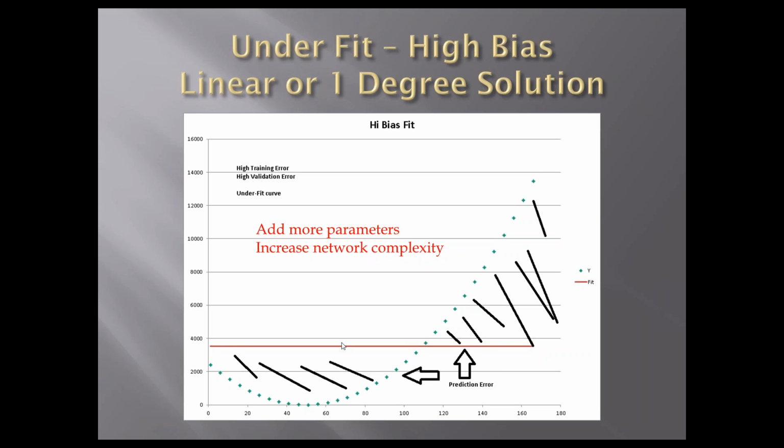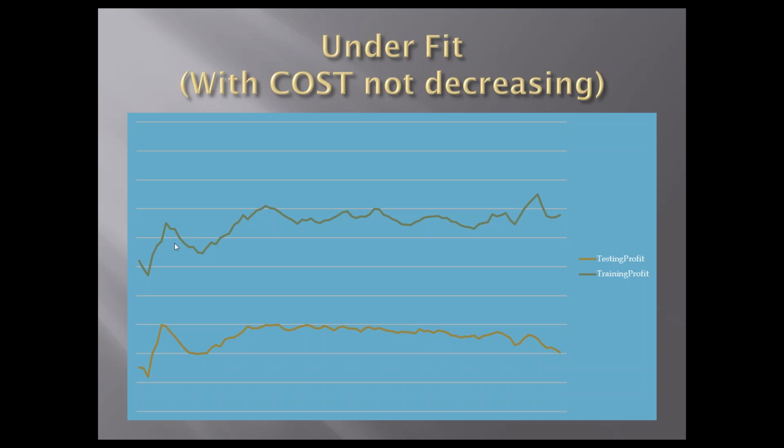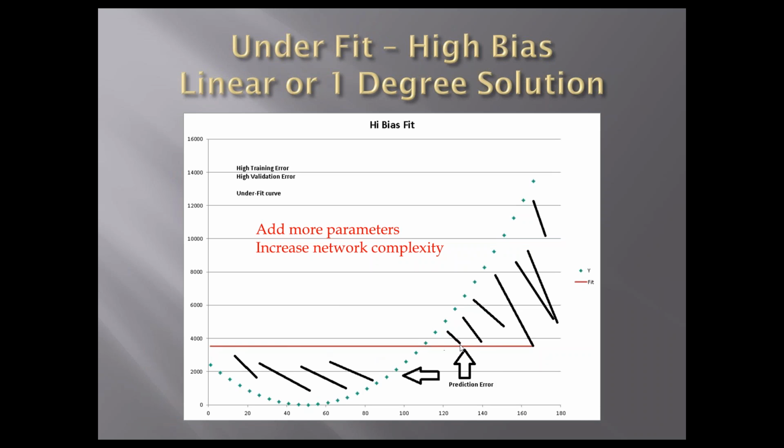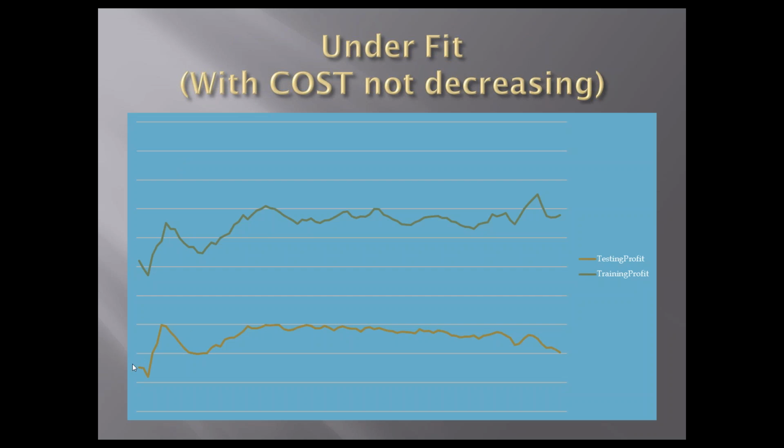You'll see some improvement early on in the training cycle, but then the system will just flatten out, because there's nothing more it can do to improve the situation. So if you end up with a flat neural network with very little activity, and your cost is not decreasing, then what you've most likely got is an underfit situation.